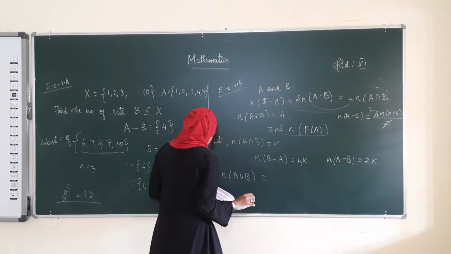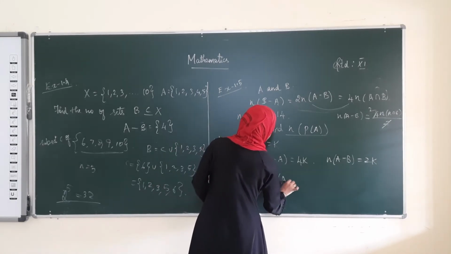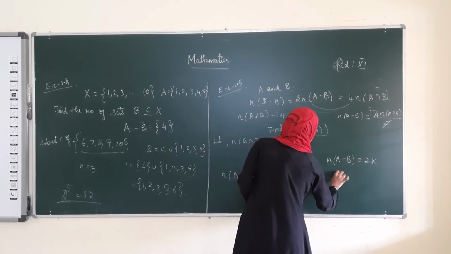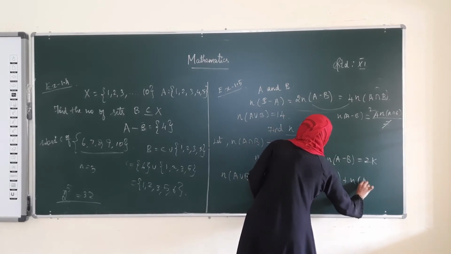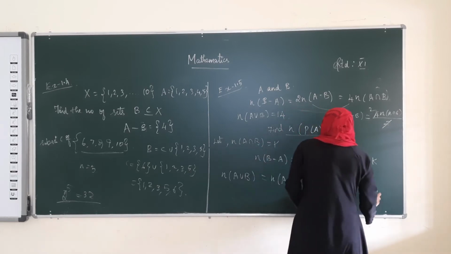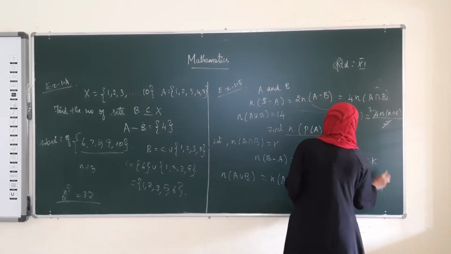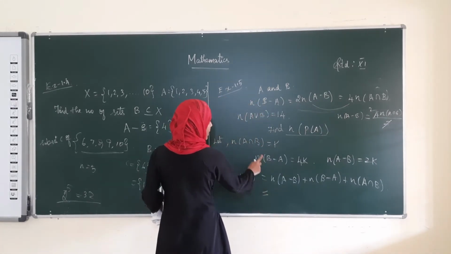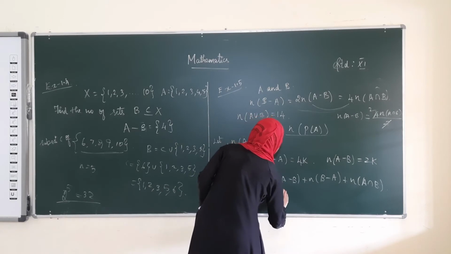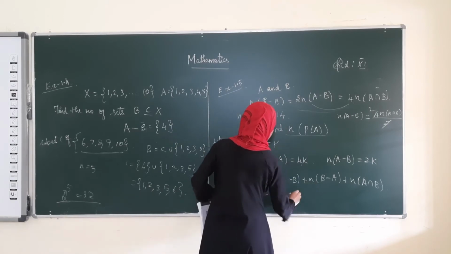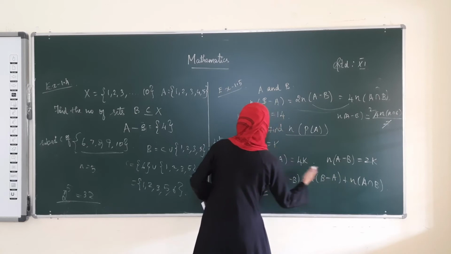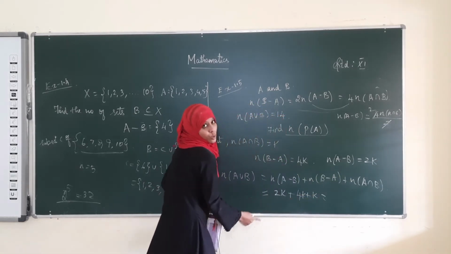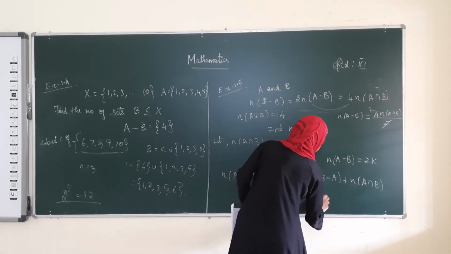n of A union B is equal to n of A minus B plus n of B minus A plus n of A intersection B. Now join this. n of A minus B is 2K, plus n of B minus A is 4K, plus n of A intersection B is K. 4 plus 2 is 6, 6 plus 1 is 7, that is 7K.